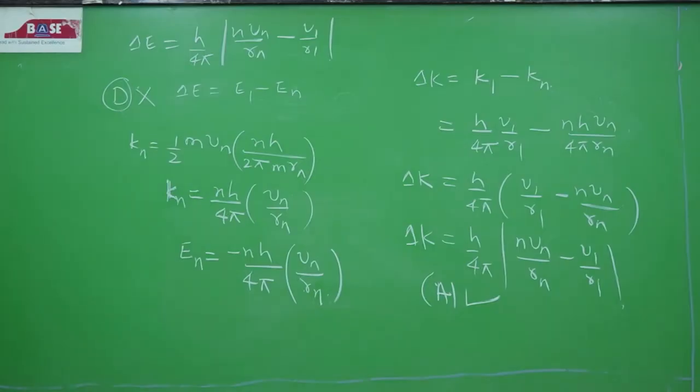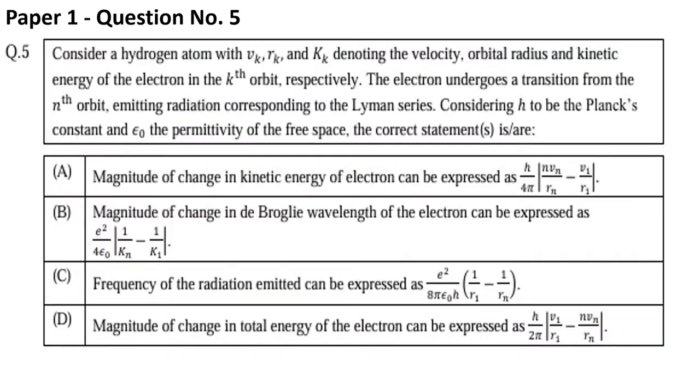So let's take up the question again. We need to think now about the magnitude of change in de Broglie wavelength as well as the frequency of radiation emitted in our given situation.